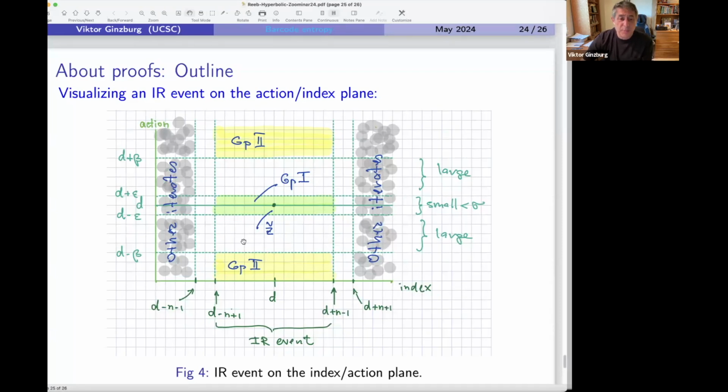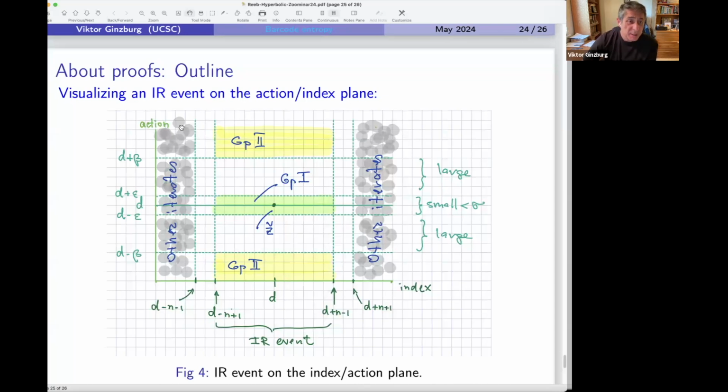Depending on which group an orbit belongs to, it will have either the action very close to the action of the hyperbolic orbit, so it will be somewhere in this range, or the action very far from the action of the hyperbolic orbit.